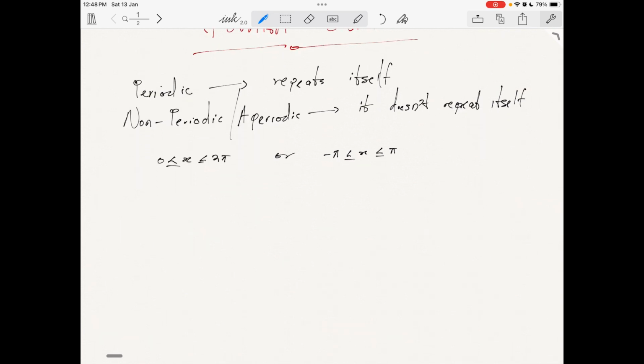Now, what is the formula for Fourier series? This series consists of three terms: we have a naught, we have an, and we have bn.